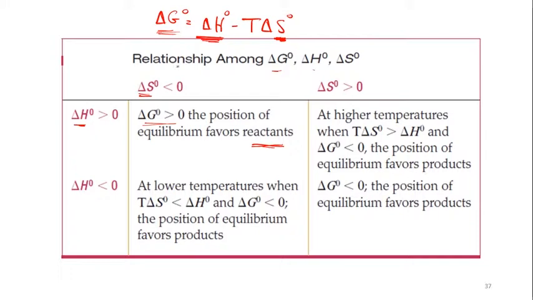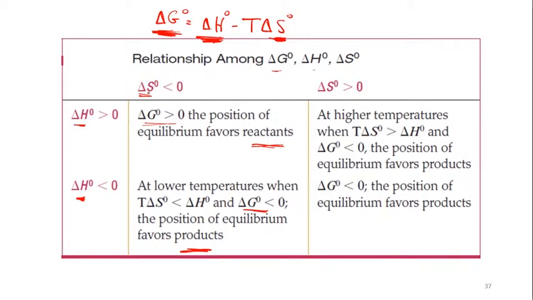Now what if I have the enthalpy less than 0? I still have my entropy less than 0, but my enthalpy is less than 0. This means the total delta G would be less than 0, and in that case the equilibrium would be favored in the direction of my products.